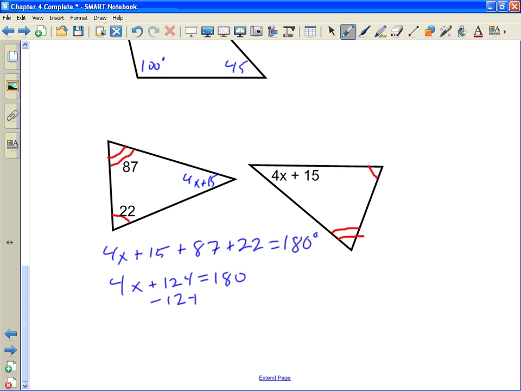Subtract 124. So 4x equals, let's see, that'd be 56. Divide by 4, and you get 14. Okay, so that's an application of the third angles theorem.